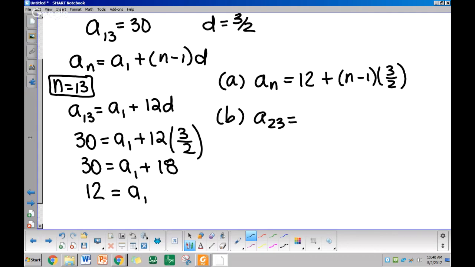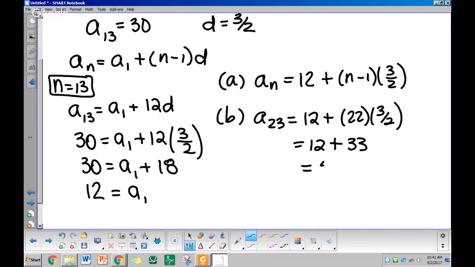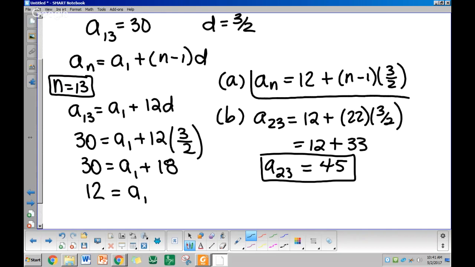Now we could go back by 3/2 several times, or up by 3/2 several times to get there, or we can use our nth term, right? Which would be 12 plus 22 times 3/2. So this is going to be 12 plus 33, which is 45. So the number standing in the 23rd spot will be 45.